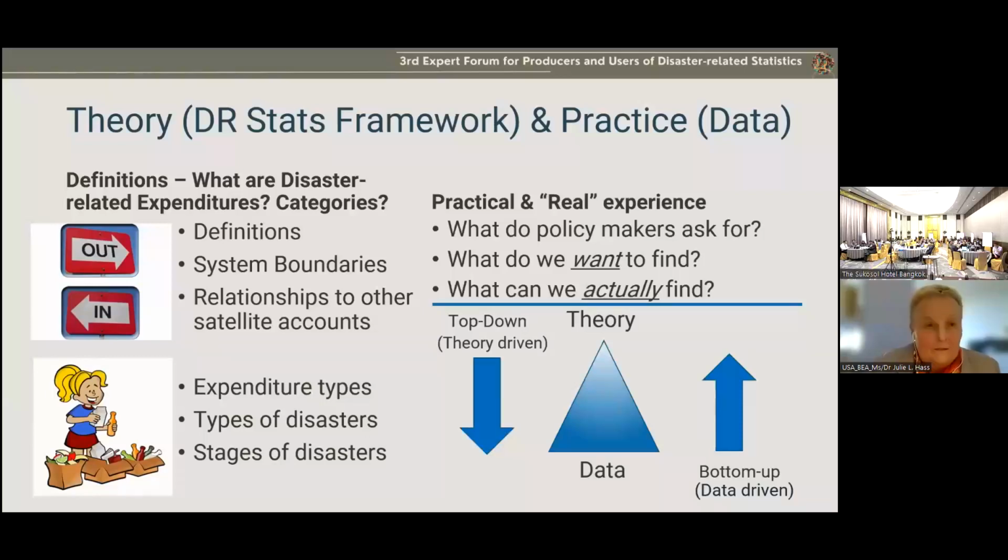And right now we have 3 panelists that can help us understand this. We've got Daniel, who's going to talk a little bit about the framework for disaster-related statistics. So what I would call the theory, as well as going from the bottom up, how we experience the data.